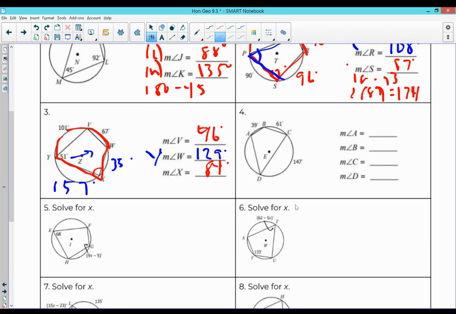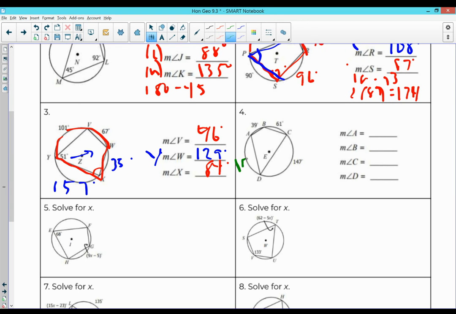Number 4. Let's figure out what we're missing. We're missing that arc first. So let's do that. We could go from there. 360 minus 39 minus 61 minus 147 is 113.